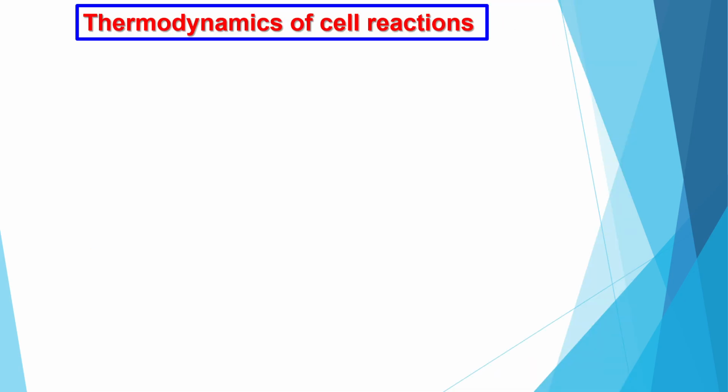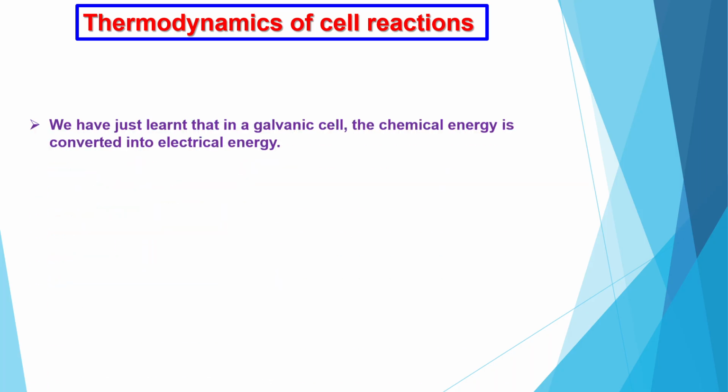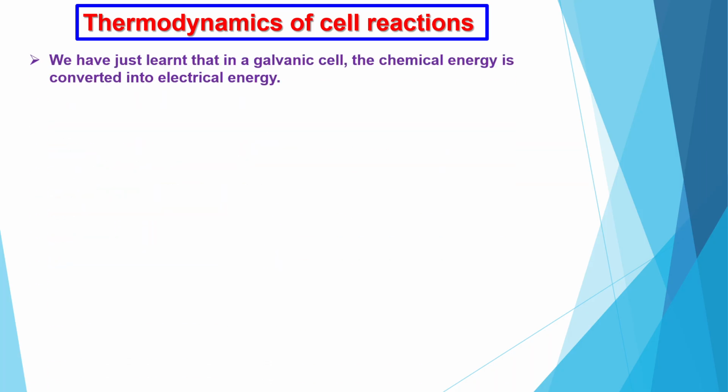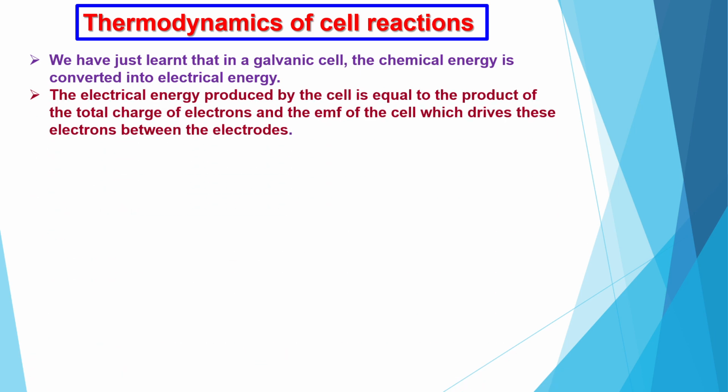Now let me tell you what is the thermodynamics of the cell reaction. We have just learned that in a galvanic cell the chemical energy is converted into electrical energy. So the electrical energy produced by the cell is equal to the product of the total charge of electrons and the EMF of the cell, which drives these electrons between the electrodes.